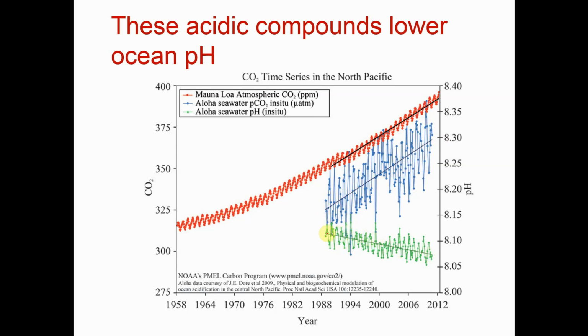And the pH of the ocean, so the acidity of the ocean, has increased, which has led to a decrease in pH between the years 1988, and this one only goes as far as 2011. So what we can see is we're already measuring increased CO2 in the atmosphere, leading to increased CO2 in the ocean, leading to decreased pH or increased acidity.